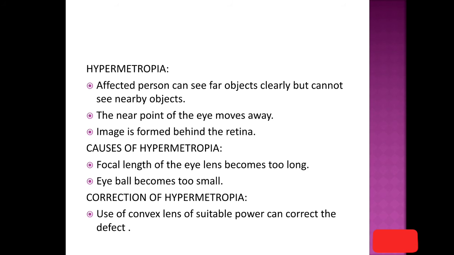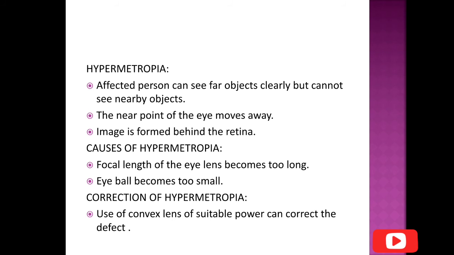Then the next defect is hypermetropia. A person suffering from hypermetropia can see far objects clearly but cannot see nearby objects, the near point of the eye moves away, and the image is formed behind the retina. The next is the causes of hypermetropia.